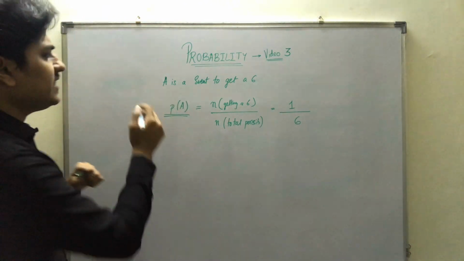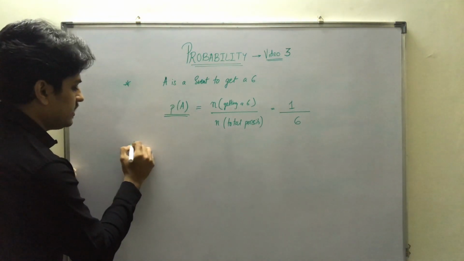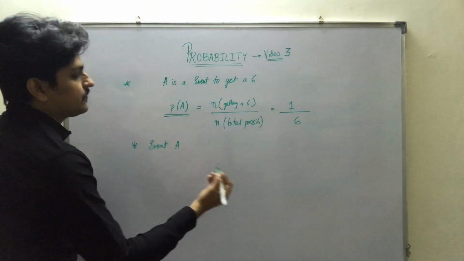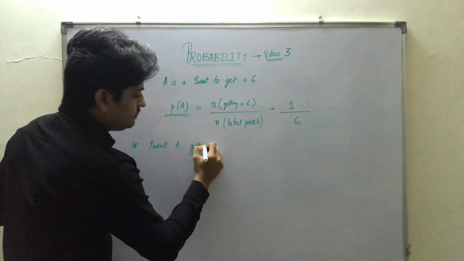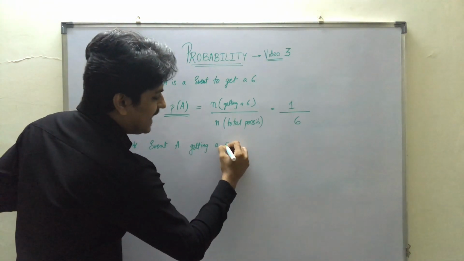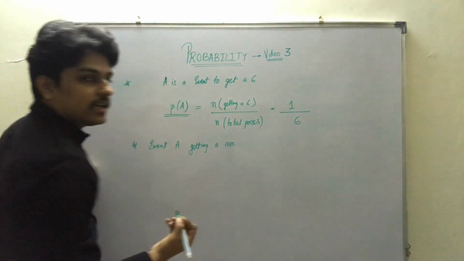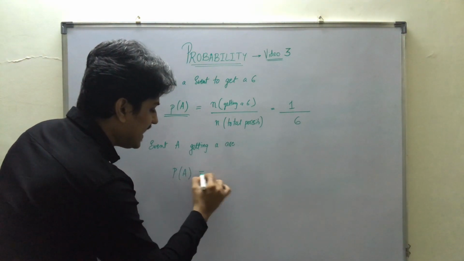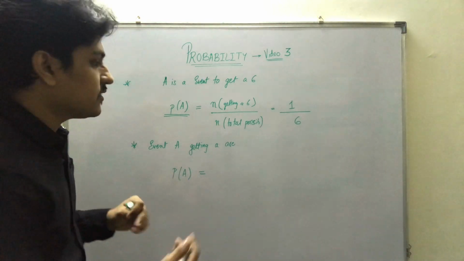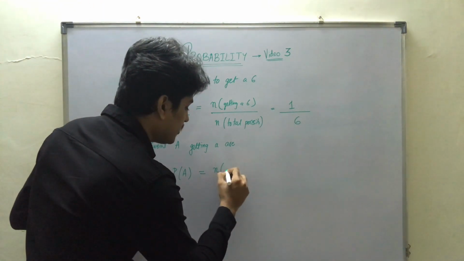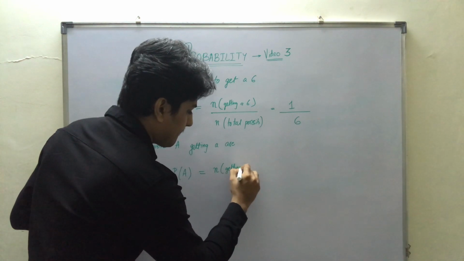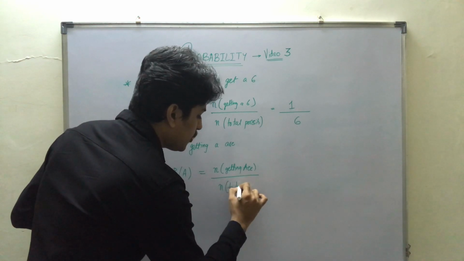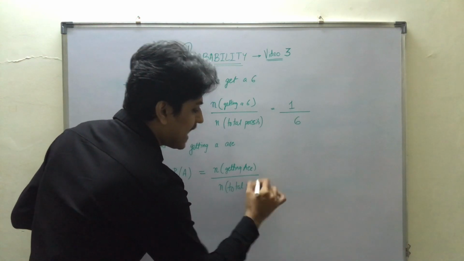Let us consider the second example. Suppose I say let the event A represent getting an ace from a deck of playing cards. What is the probability of getting an ace in my playing cards? Again, it is the number of possibilities of getting an ace upon the total number of possibilities, or the total number of cards that I am holding in my hand.